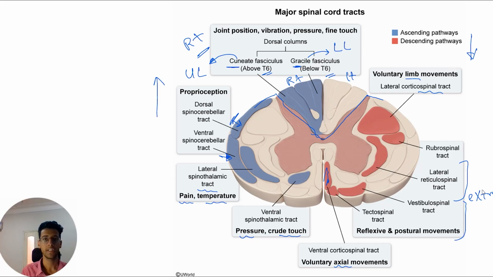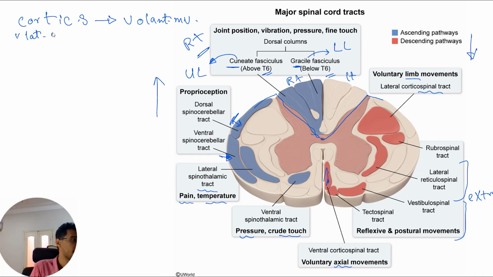We don't need to remember all of this. You don't need to remember the sites of these tracts. Just what you need to know is that we have the corticospinal tract that is responsible for voluntary movement. It's divided into lateral and ventral parts. You need to know the dorsal column and its function, fasciculus gracilis and cuneatus.